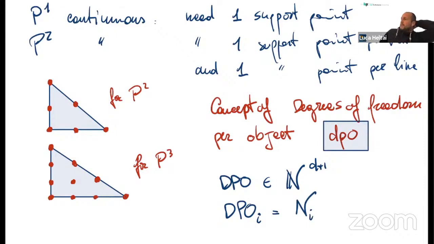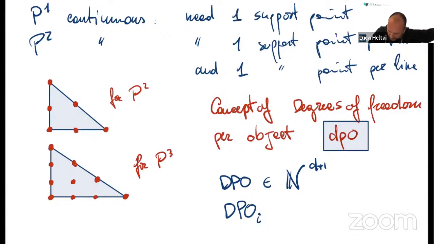So this is called dPO in the library DL2, and it's what we have called so far N_i, which stands for number of degrees of freedom per object i. Or actually, sorry, this is not exactly N_i, so let me take that back. Let me be careful. Degrees of freedom per object i is not N_i. It's a different thing.